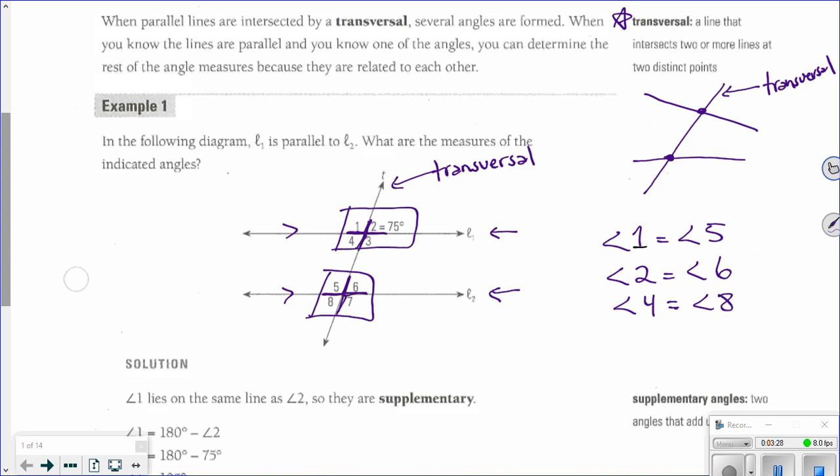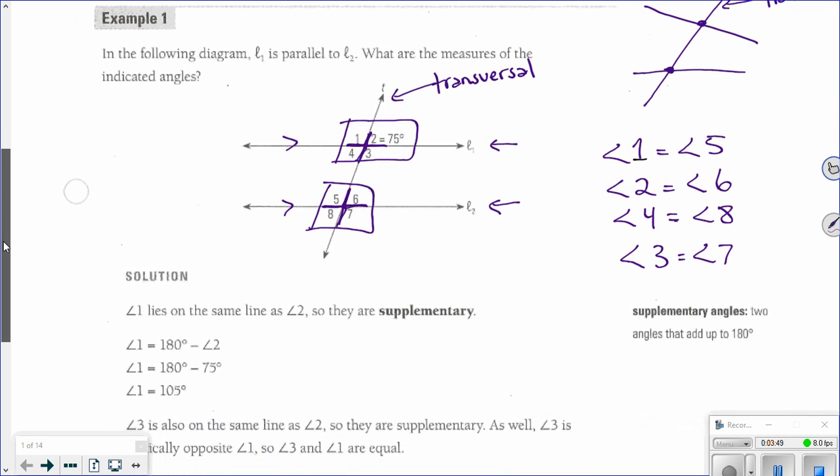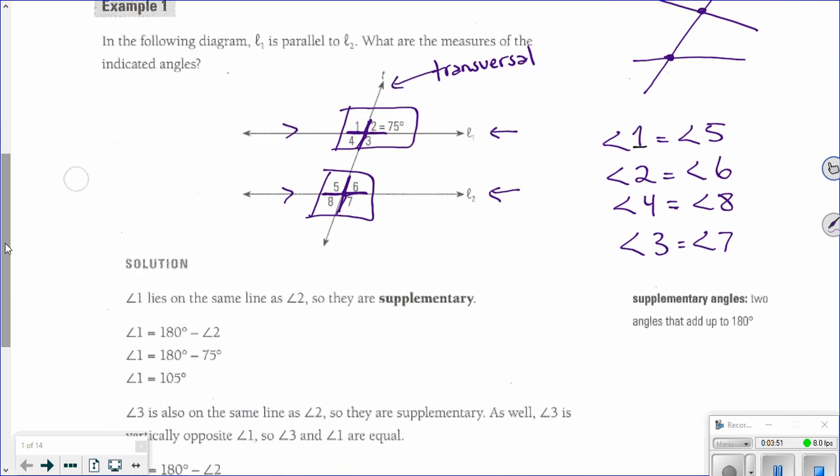And angle 3 and angle 7 are also equal to each other. So the angles in the exact same position are equal to each other along that parallel line, so long as those two lines are parallel. So already I know that if angle 2 is 75 degrees, angle 6 is also 75 degrees because they're equal to each other. They're in the same position.